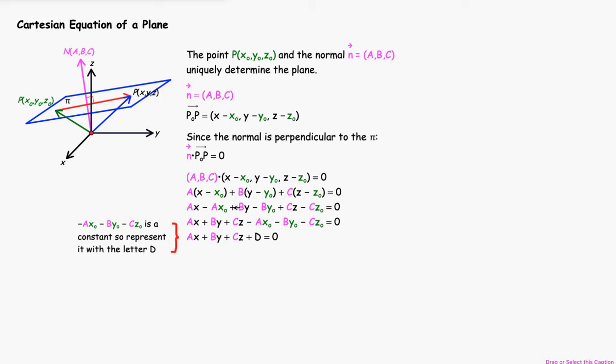Remembering, of course, that x naught, y naught, and z naught are unknown constants, but they are constants. So when we group them all together, this here, which I've written off to the side, negative ax naught, negative by naught, negative cz naught, is a constant, so I can replace it with the letter d. And that gives me this equation right here on the bottom, ax plus by plus cz plus d, which is the Cartesian equation of a plane.